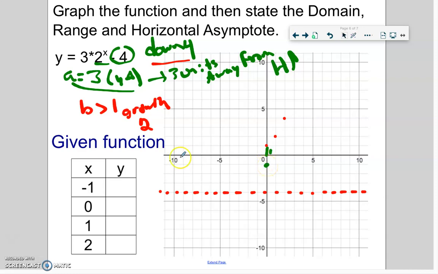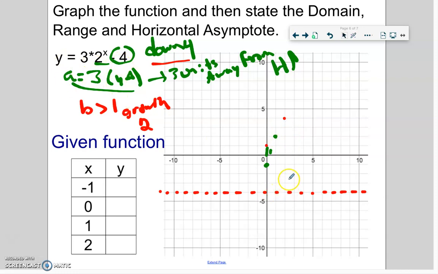And we're going to check that on the table over here in just a minute. And then this point, this distance is normally 2. 2 times 3 is 6. So I'm going to count up 6 units from here: 1, 2, 3, 4, 5, 6. So my first point, my second point, and then this distance is 4. So 4 times 3 is 12.